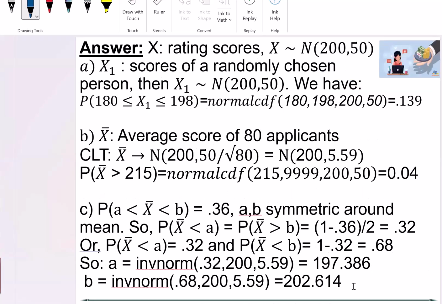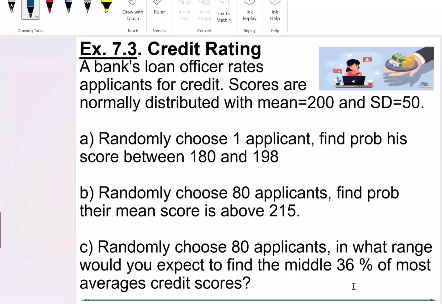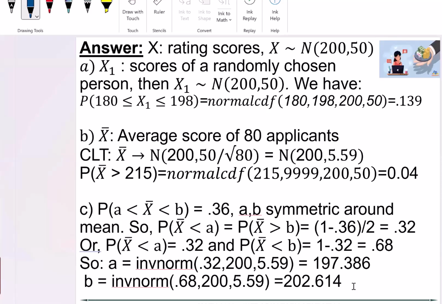From that, we can specify the distribution of one randomly selected person, and we find the probability the score is between 180 and 198, so just find P(180 < X1 < 198).